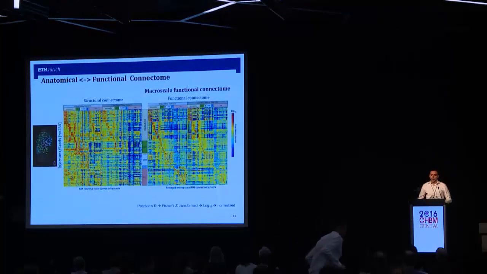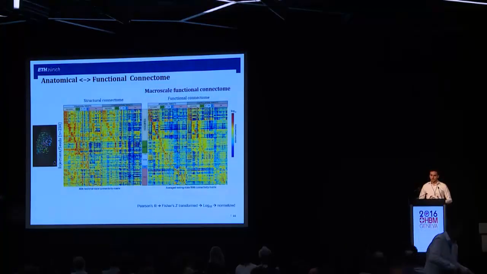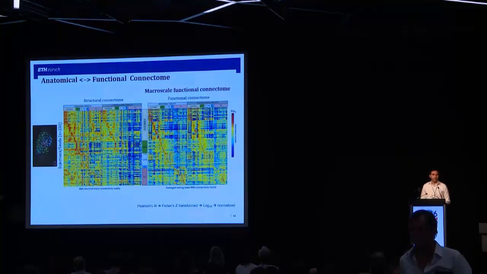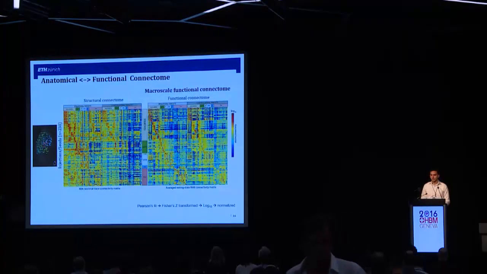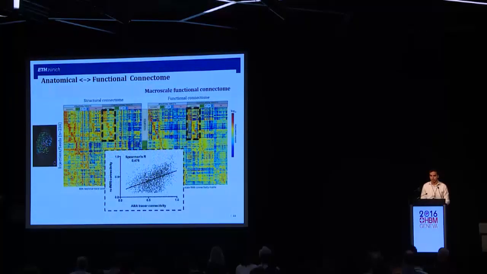When we then compiled all this information together, all these 238 experiments, we could build up the macroscale functional connectome for the mouse brain. And we could finally start identifying regions of similarity and difference for known long-range connections, for example, the connection from a cortical region to the contralateral cortical region, and we found quite a good agreement between the function and the structure.